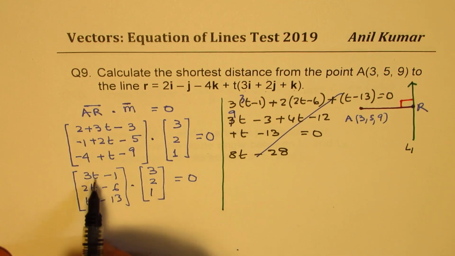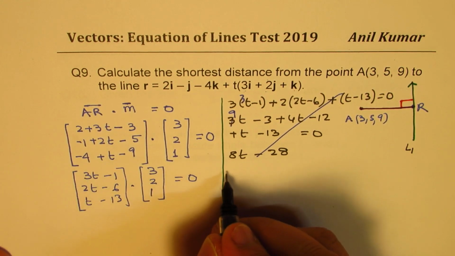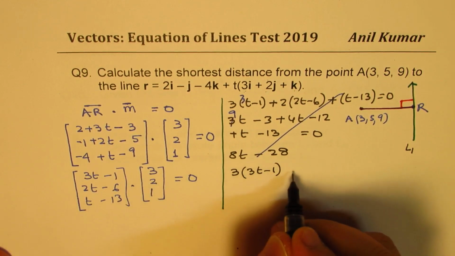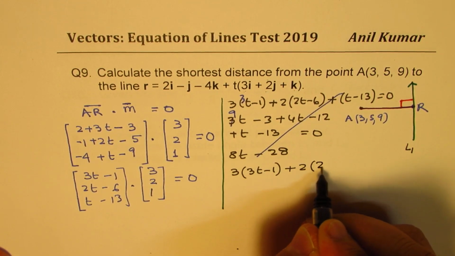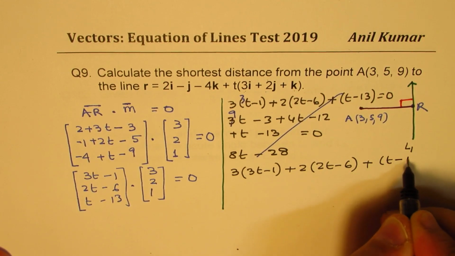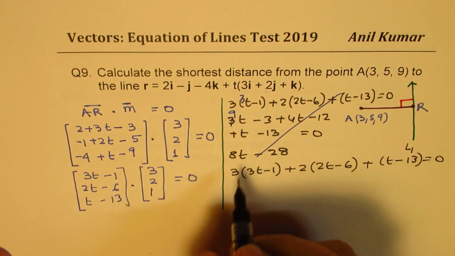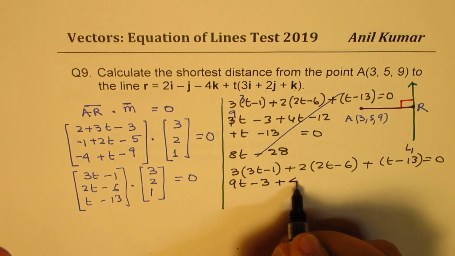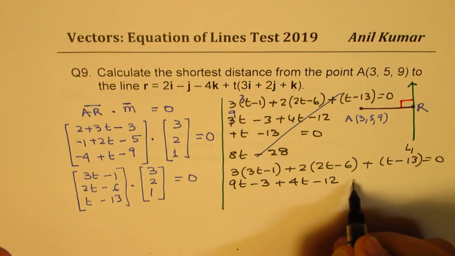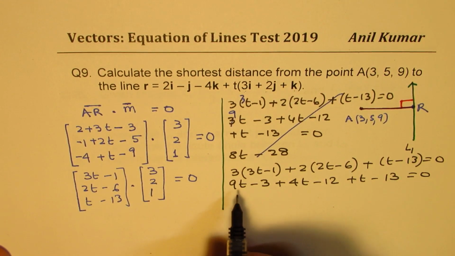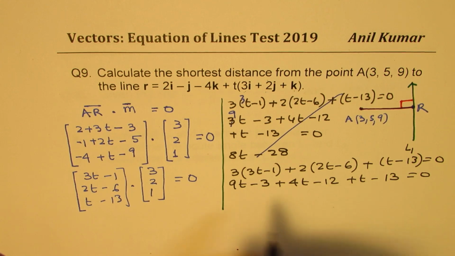That is better. So 3 times 3t, basically. 3 times 3t minus 1 plus 2 times 2t minus 6 plus t minus 13 equals 0. Correct? So 3 times 3 is 9, minus 3 plus 4t minus 12 plus t minus 13 equals 0. 9 plus 4 is 13, 13 plus 1 is 14.